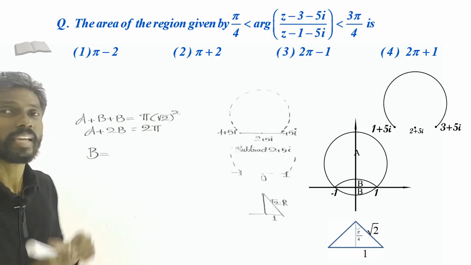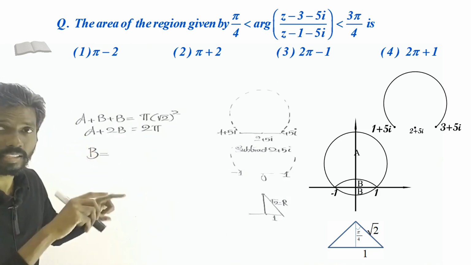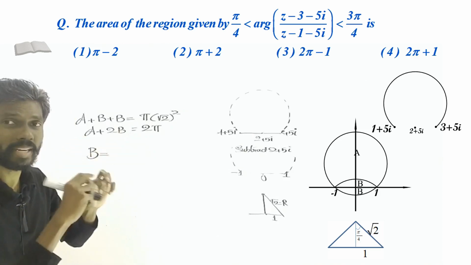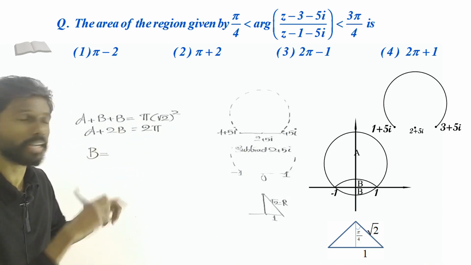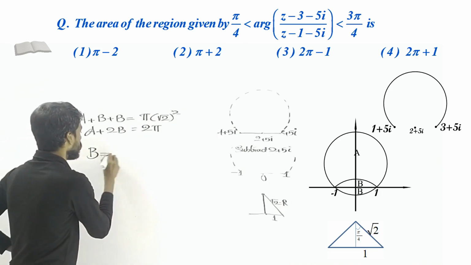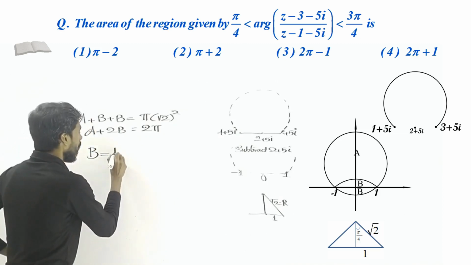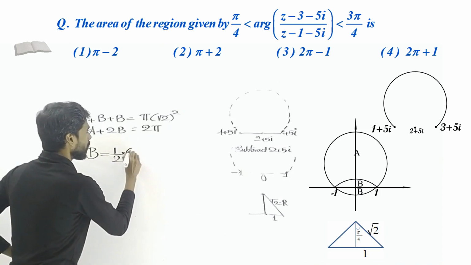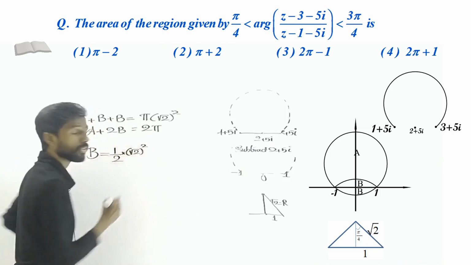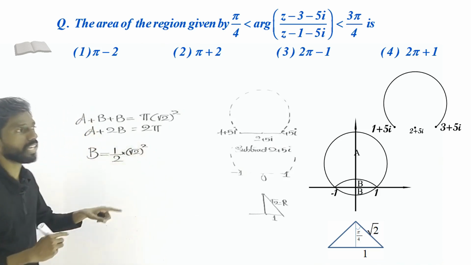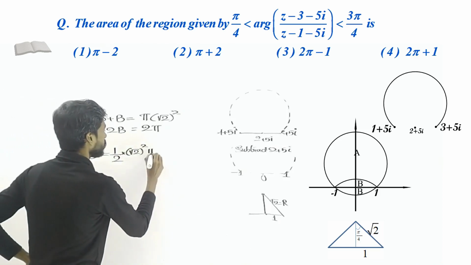So that is area of the sector minus area of the triangle, right angle triangle, right? So area of the sector. What is the formula for area of sector? Half r square theta, right? R square is root 2 square. So theta here is 90 degrees, right? Pi by 2.